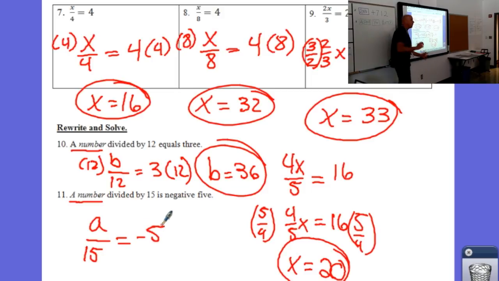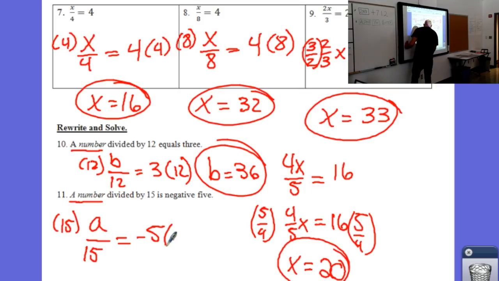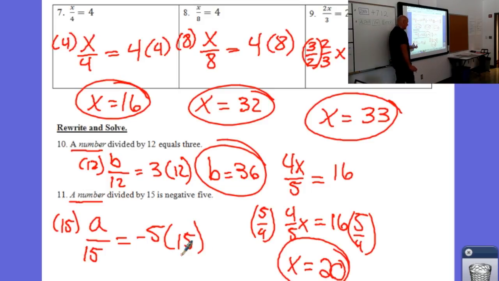Again, what are we going to do on both sides? We're going to multiply by 15. Good. You guys are rolling. What happens to our 15s? They cancel out, so we're left with A equals negative 75. Yep, negative 75.